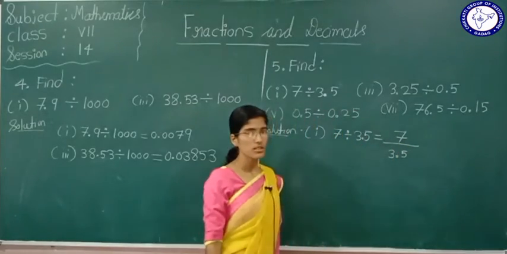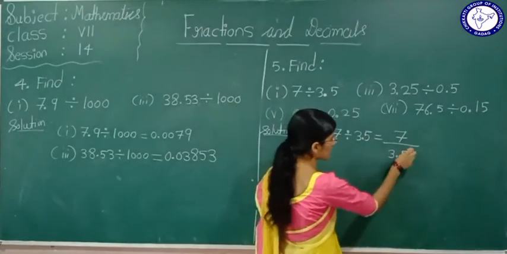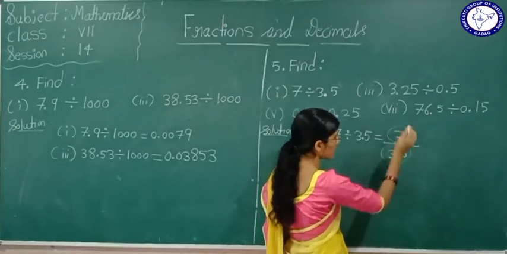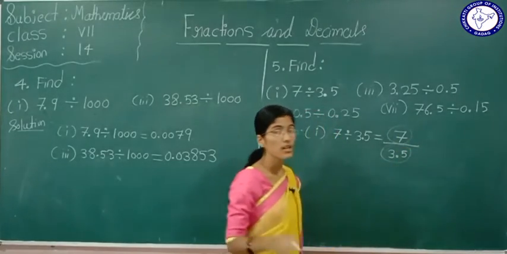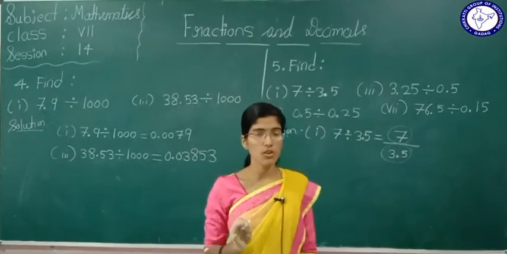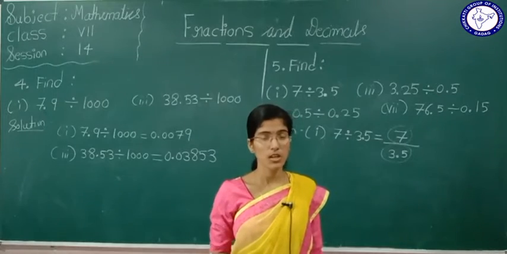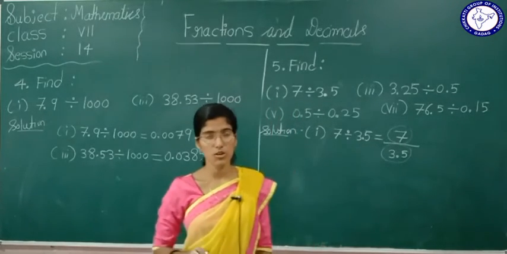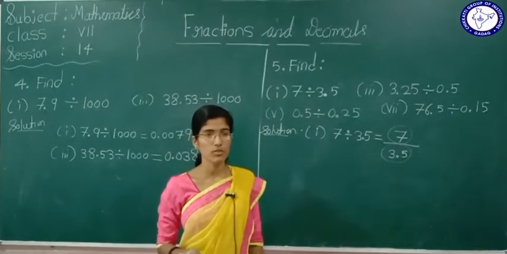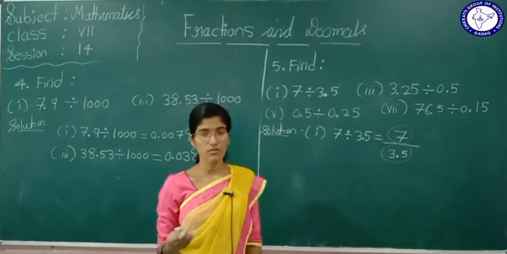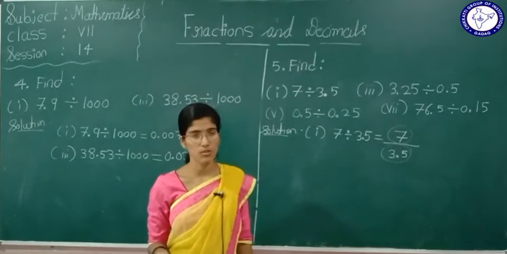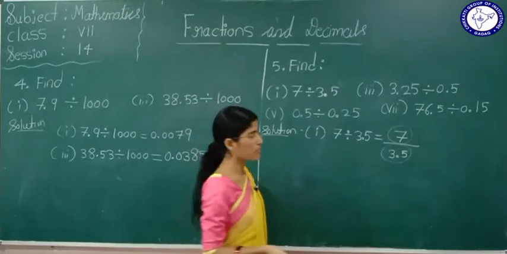Here 3.5 is the divisor and 7 is the dividend. I told you in the last class the divisor should not be a decimal number. What we will do is make this divisor a whole number.